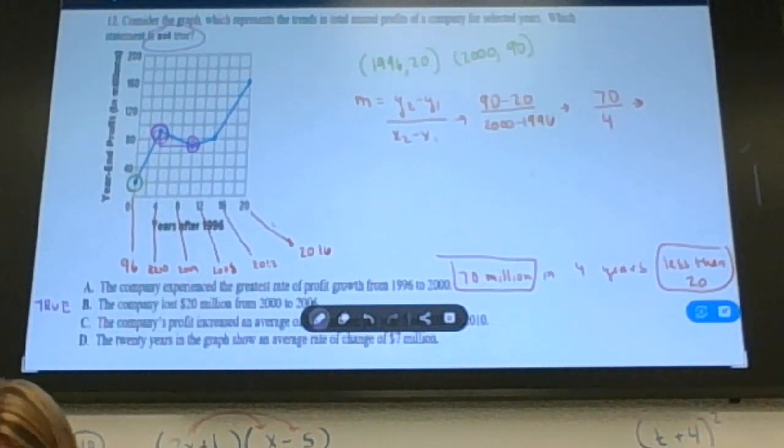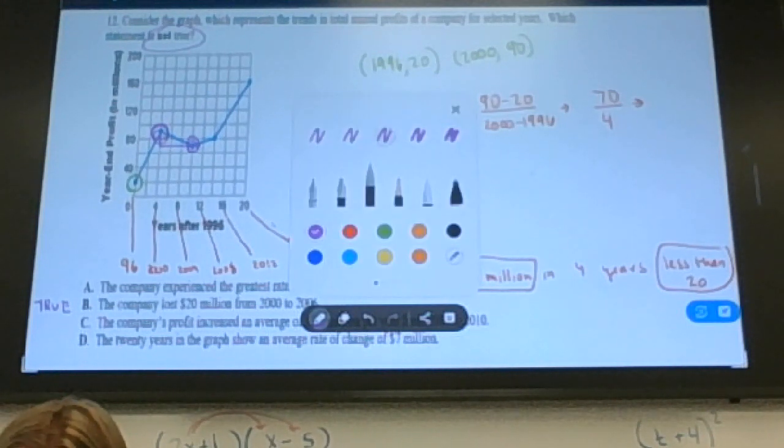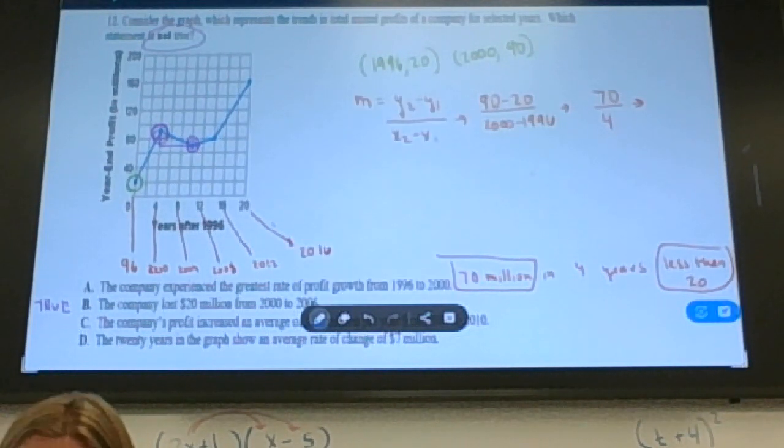Letter C, the company's profit increased 2.5 per year from 2000 to 2010. All right. Because it's asking which one is not true, we have to go through and prove that all of these are true, right? Trick question. That's why I said this one's going to take a long time, because we have to prove them all true. The company's profit increased from 2000 to 2010.